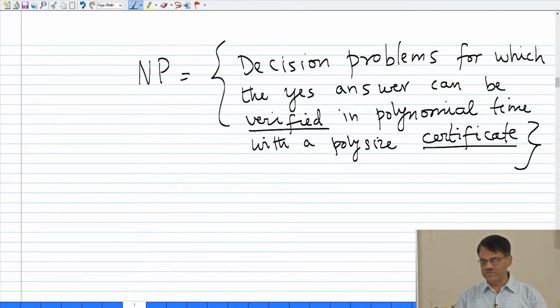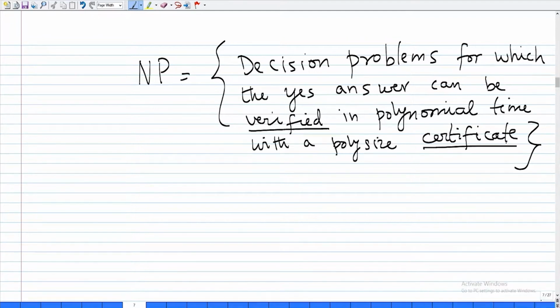Okay, let us see some examples. Again, if you have used non-deterministic Turing machines, then it is very easy, because there is a guess, there is some path in the Turing machine which will lead to an accepting state if the answer is yes. So, that path is actually the certificate. But let us see some examples and you will get the idea.